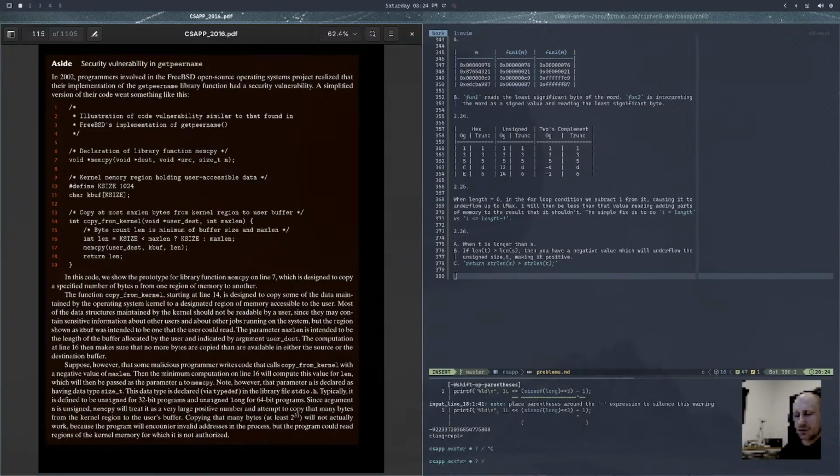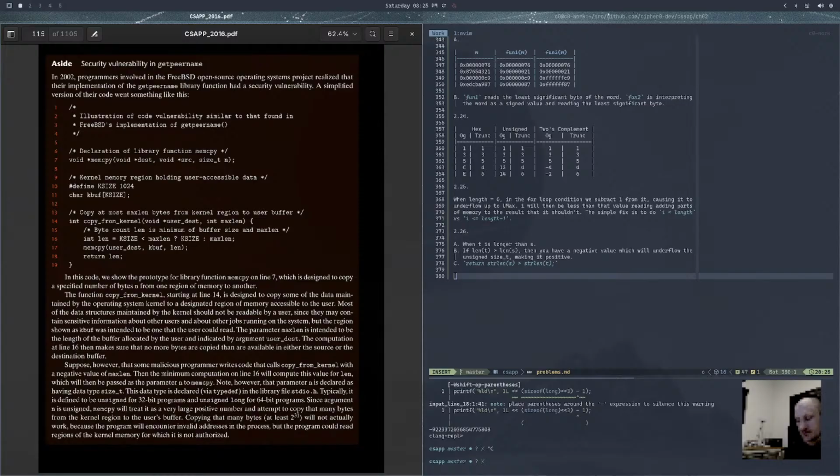Oh, memcopy takes a size T. That's the bug. So you've got memcopy, which takes in an argument which is unsigned, and you're passing in an argument which is an integer value. And if that happened to be negative, which it would be if you passed in max length as a negative value, then you would copy a huge amount of data.